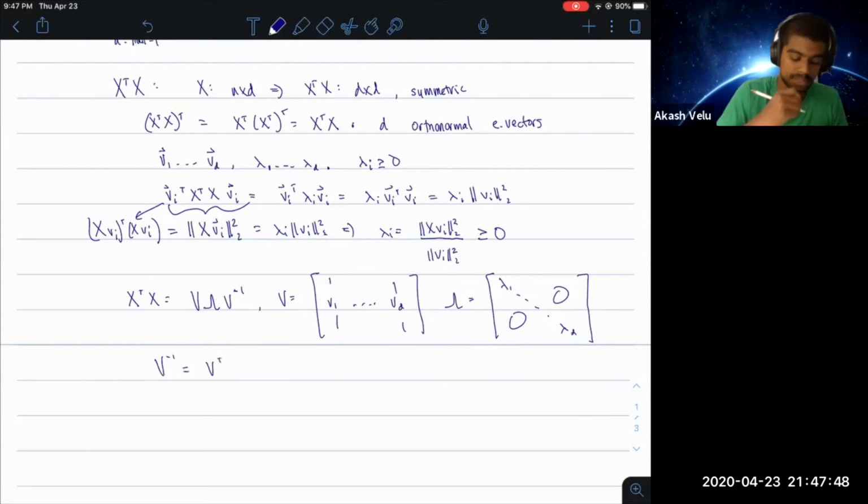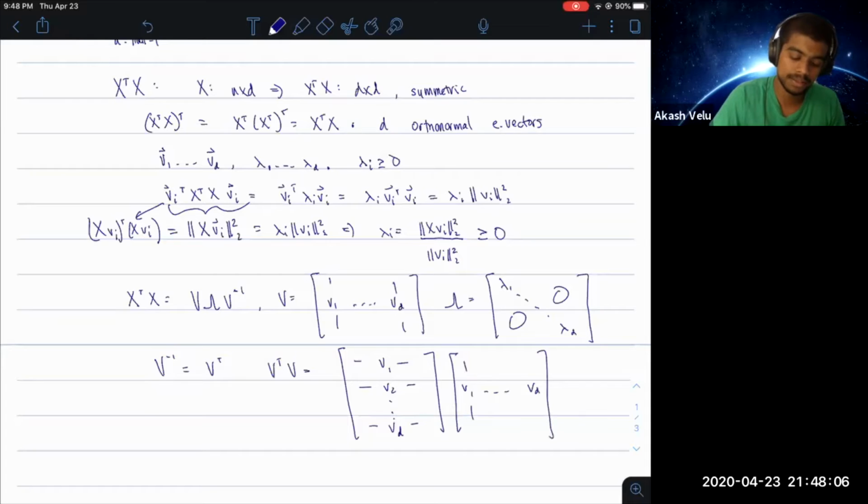And the way you can see this is by looking at V transpose V, which is equal to V1, V2, all the way up to VD times V1 through VD.